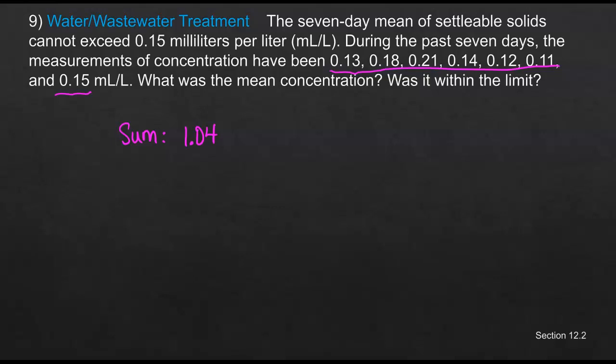Okay, so my sum is 1.04. I'm going to divide that by the number of these. This was a 7-day, it tells us right there that 7 days of measurements. We divide by 7. Of course, you can count that too. And that is about 0.149. Now, I had to go out more than 2 decimals because if I rounded it, it would be equal to the 0.15, but it's actually a little bit lower.